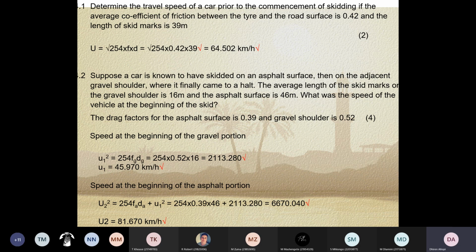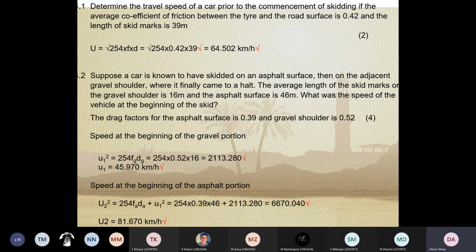So simply inserting the values given gives you u squared, and to calculate u then will be the square root of 2113.280, and that gave you 45.970 kilometers per hour. So that was the speed at the beginning of the gravel portion.